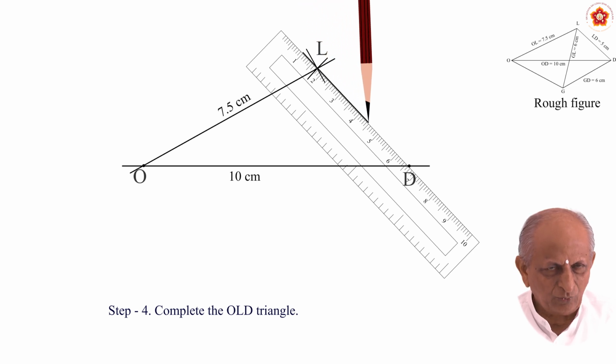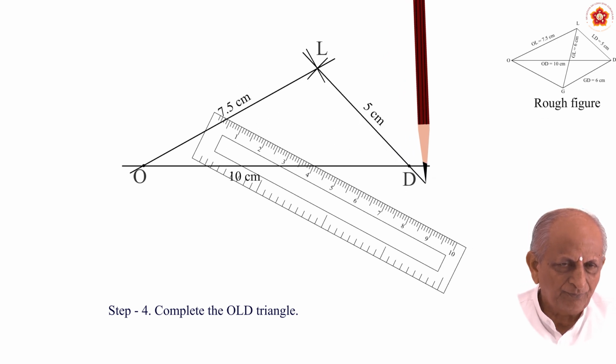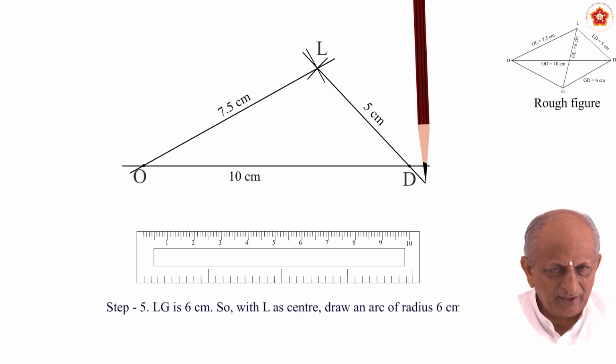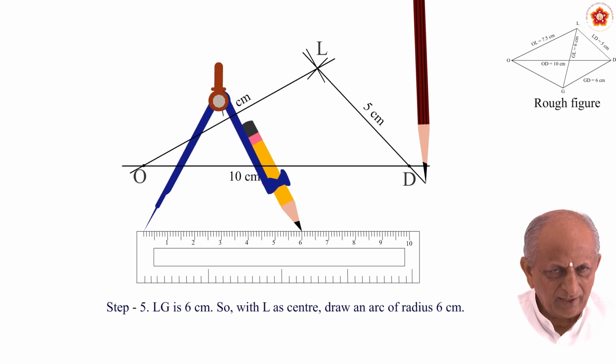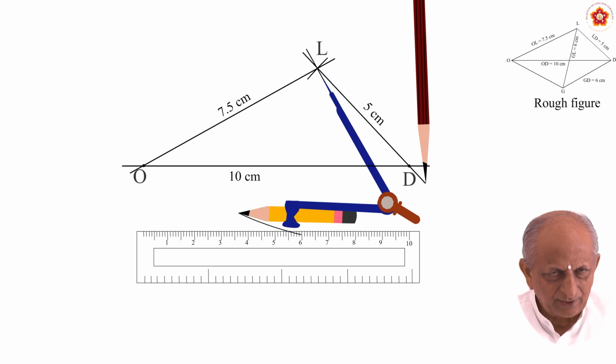So you have to find one more triangle below the line. For that what you must do? LG is 6 centimeters. So with L as center, an arc of radius 6 centimeters is drawn. And that is called the diagonal. So you must keep the compass at L. Draw an arc of 6 centimeters.